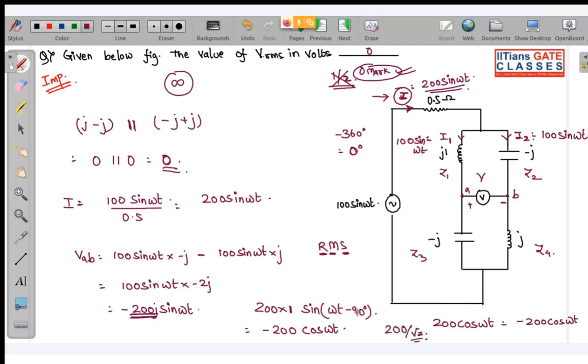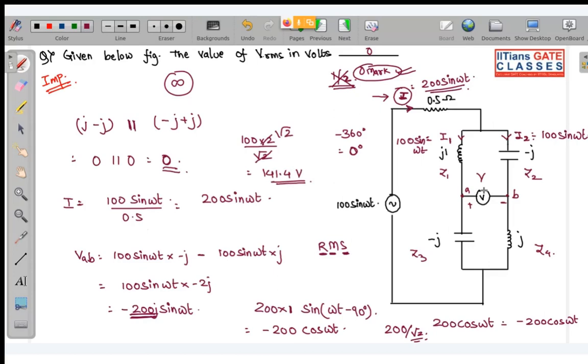So I can write it as 100 into 2 by root 2, which is 100 into root 2. Root 2 is 1.414, so this will be 141.4 volts. This is the RMS value that will be shown over here.